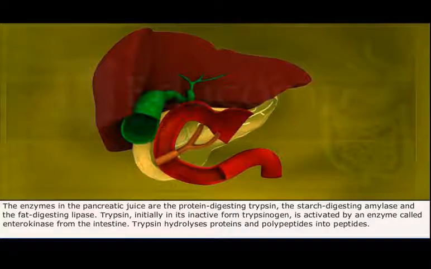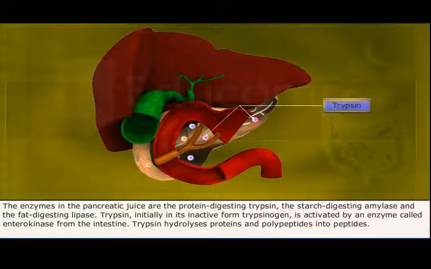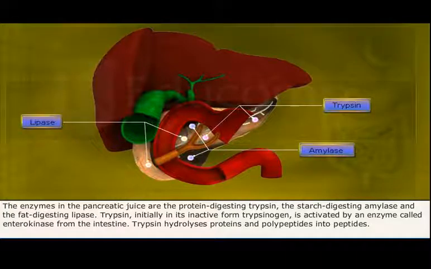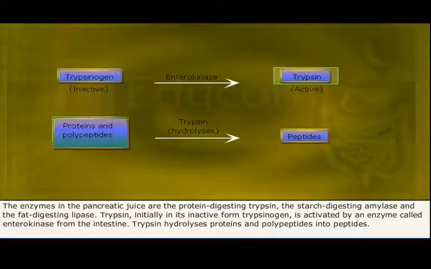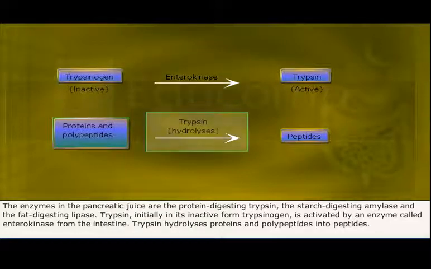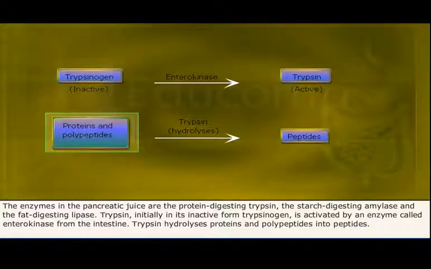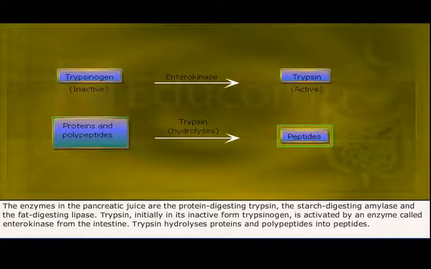The enzymes in the pancreatic juice are the protein-digesting trypsin, the starch-digesting amylase, and the fat-digesting lipase. Trypsin, initially in its inactive form trypsinogen, is activated by an enzyme called enterokinase from the intestine. Trypsin hydrolyzes proteins and polypeptides into peptides.